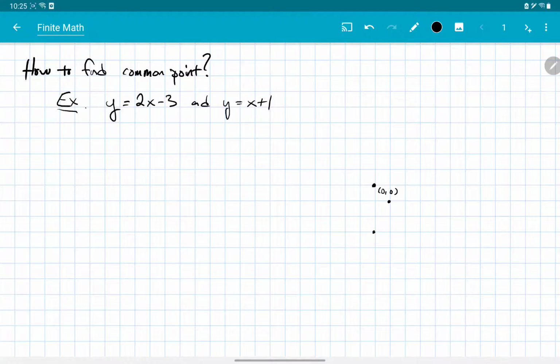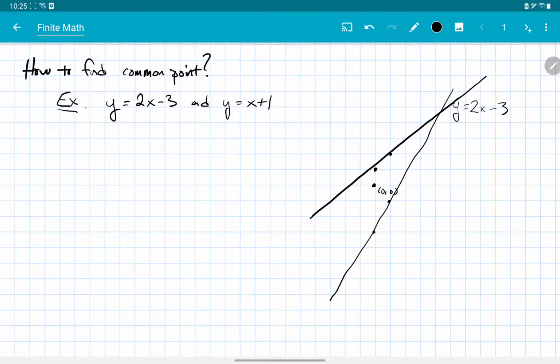So that's y equals 2x minus 3. And then x plus 1 will have the point 0, 1, and then 1, 2. It'll be this line here, connecting those 2 points. So this is y equals x plus 1.